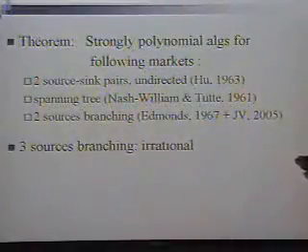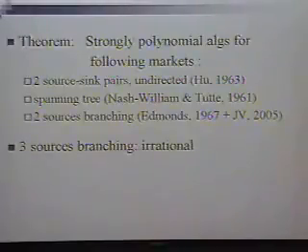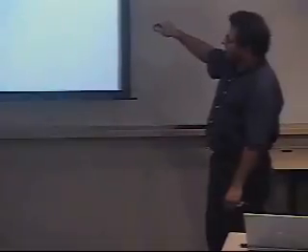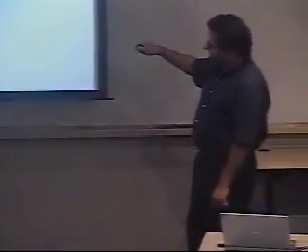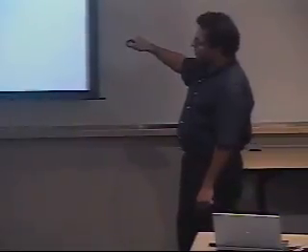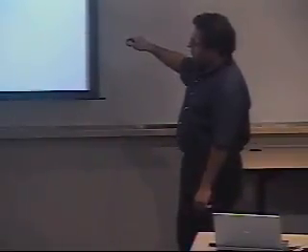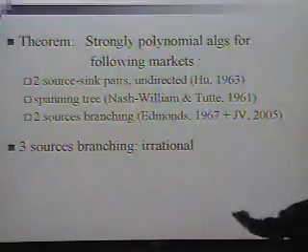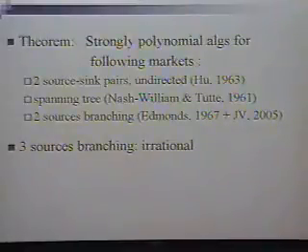Two source-sink pairs, undirected graph, due to a Max-Flow Min-Cut theorem of T.C. Hu, spanning tree market due to Nash-Williams-Tutte theorem, two sources branching market due to a Max-Min theorem based on Edmonds' theorem and something more that we had to do. And then we showed that the three source branching market is irrational, so it doesn't support polynomial time algorithms.